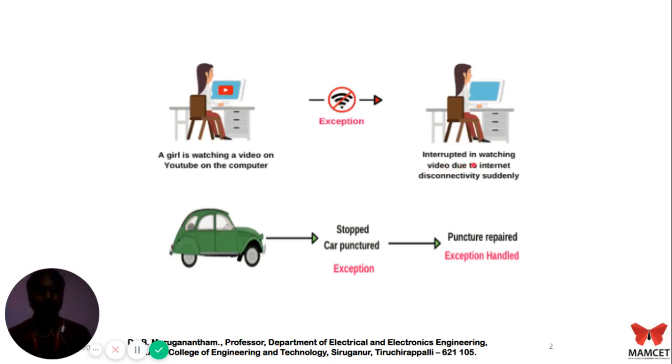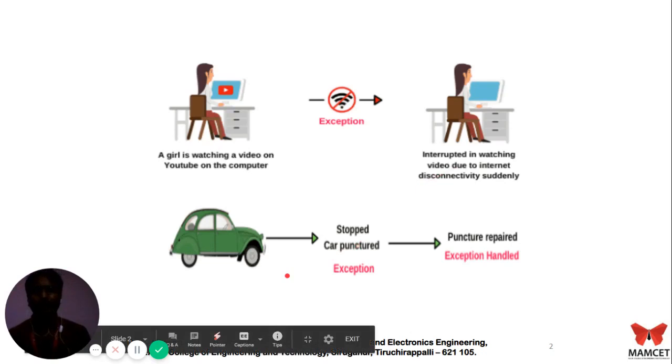So this girl cannot watch the video due to the interruption caused by internet disconnectivity. Suppose she finds some way to solve the problem and the internet connection is restored, that is exception handling.